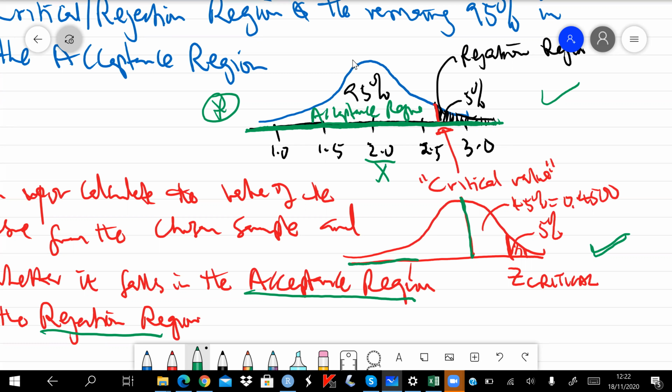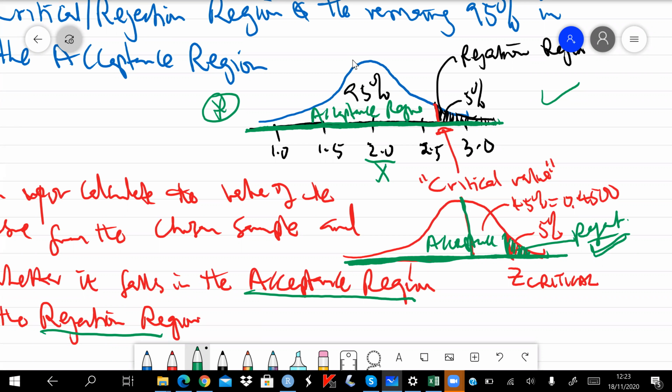Then we locate it along the Z axis here. Then we say whether it falls in the shaded part, that is the rejection region, or in the acceptance region. So this is the acceptance region, and this is the rejection region. So that tells us what to do with the null hypothesis.